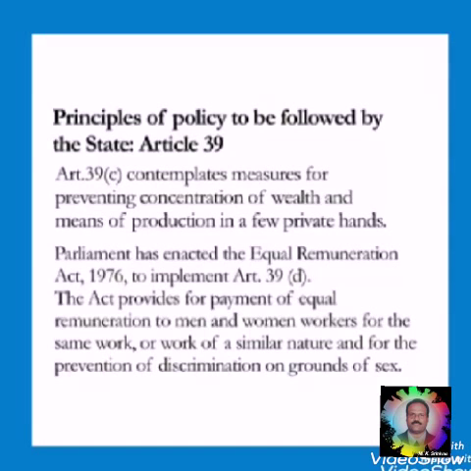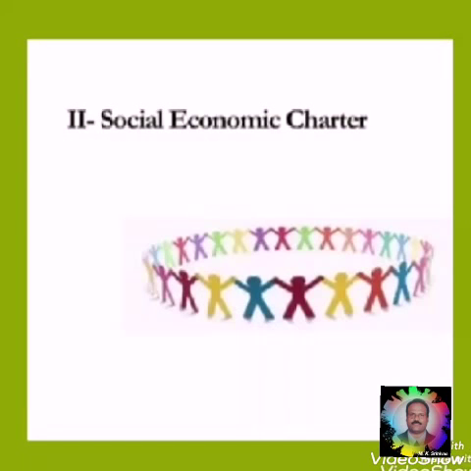Article 39(c) contemplates measures for preventing concentration of wealth and means of production in a few private hands. The Parliament has passed several constitutional amendments.